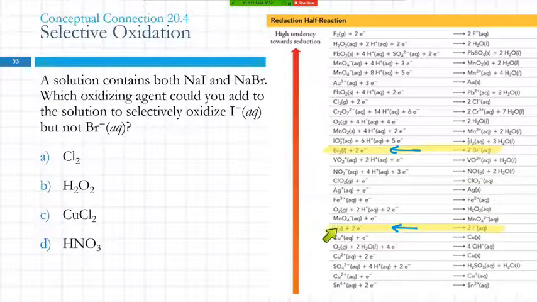That means anything above this going forwards would be spontaneous. Anything above bromine here would be spontaneous with bromine and also with iodine. So if I want to oxidize the iodide and not the bromide, I need to pick one of these guys, because these will not oxidize bromide, but they will oxidize iodide.